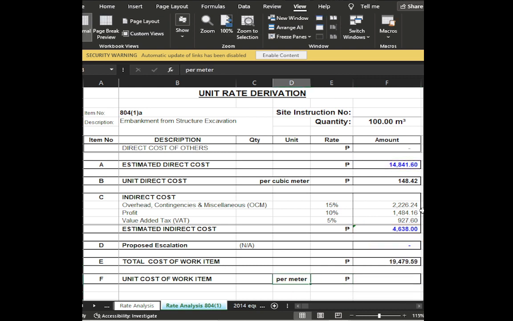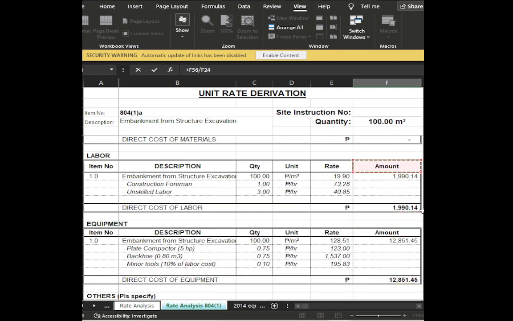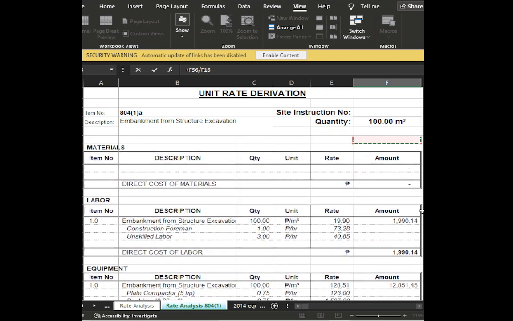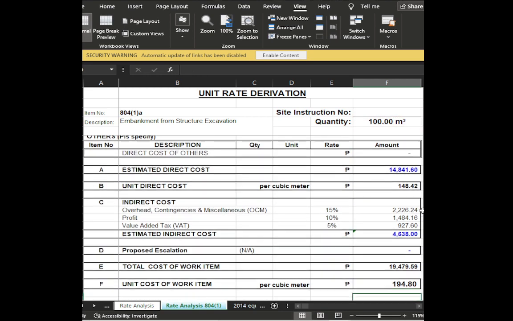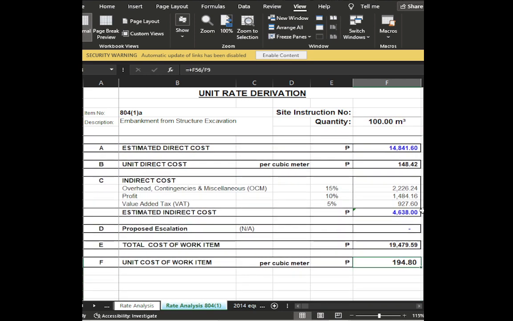So our unit cost for this work item is the total of work item for this 100 cubic meter of embankment from structure excavation, we have to divide it by 100 cubic meter. 194.8 pesos per cubic meter of embankment from structure excavation.